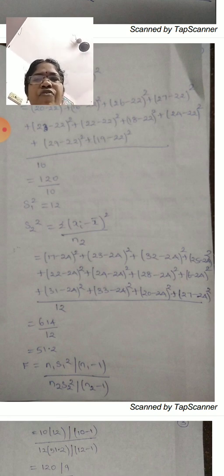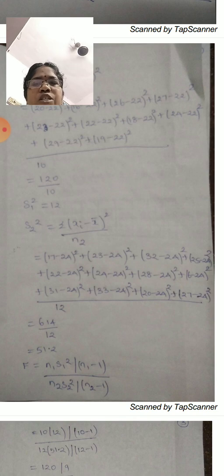Simplifying, the numerator is 614 divided by 12, therefore S2 squared equal to 51.2.